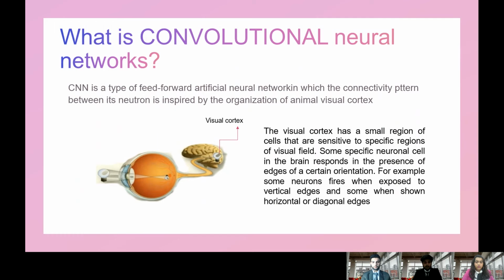An experiment was conducted in which people got to know that the visual cortex has small regions of cells that are sensitive to specific regions of the visual field. For example, some neurons fire when exposed to vertical edges, and some when shown horizontal or diagonal edges.